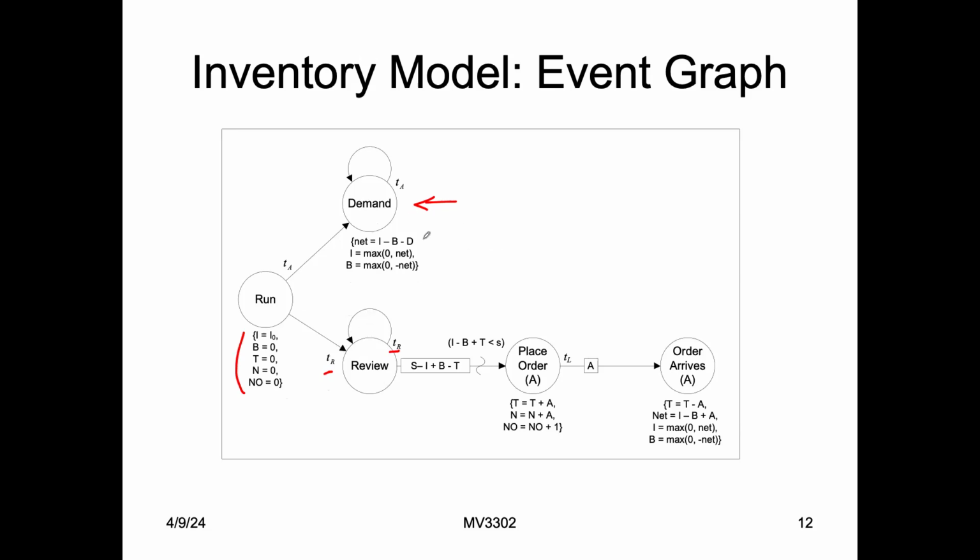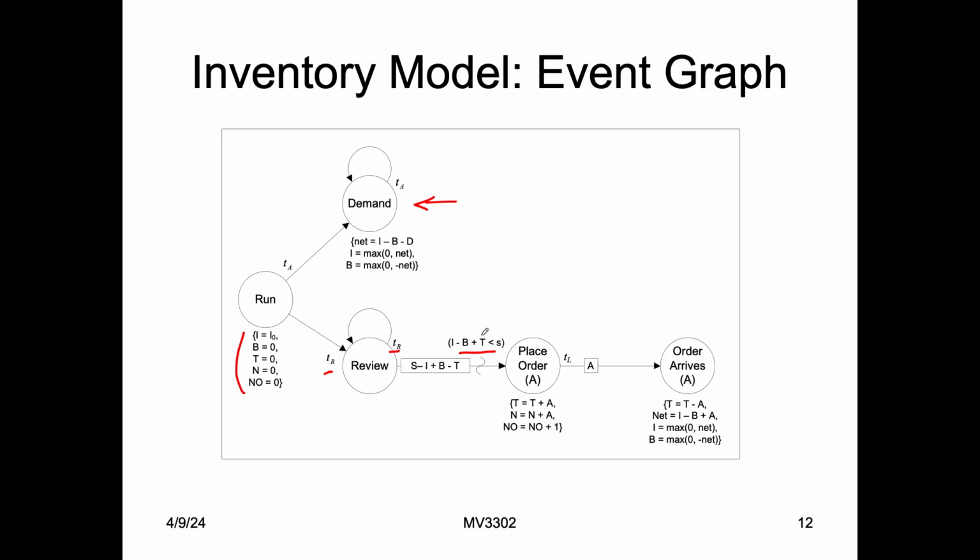So these are two arrival process-like things. I'm not going to go into the details of the state transitions, because the key piece here is that when we place a review, here's the criterion. This is our total inventory position: how much we have on hand, minus our back orders, plus the total amount that we have on order. Okay, why worry about it that way?